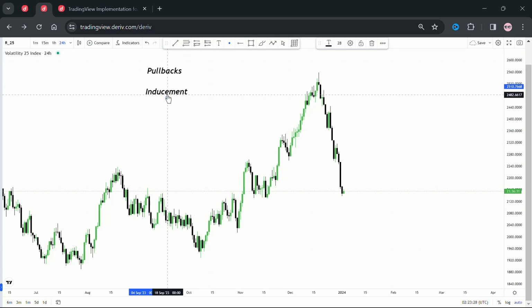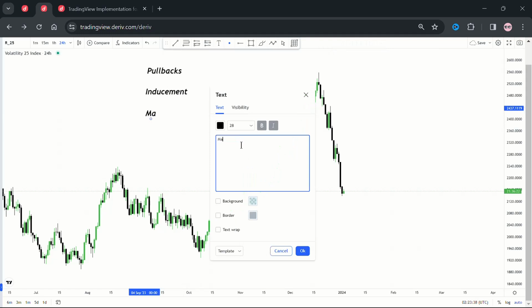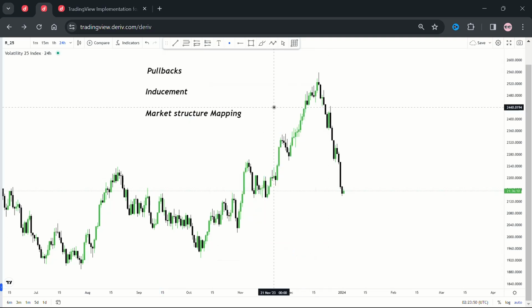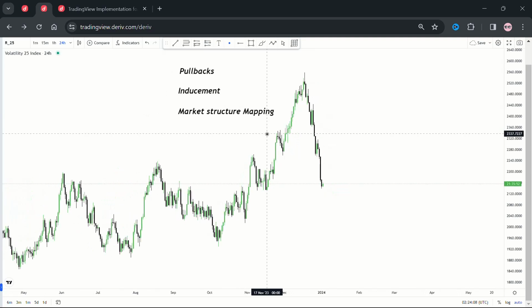Okay, so after inducement, now you go to market structure mapping. Under market structure mapping, this is where you are going to find the break of structures and the change of character. Basically, you are trying to see where the market is going. Don't just open the chart and say, no, it's an uptrend, no, it's a downtrend.